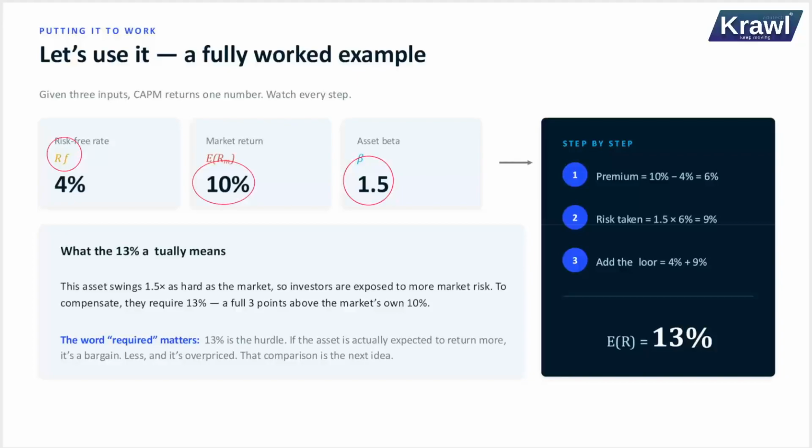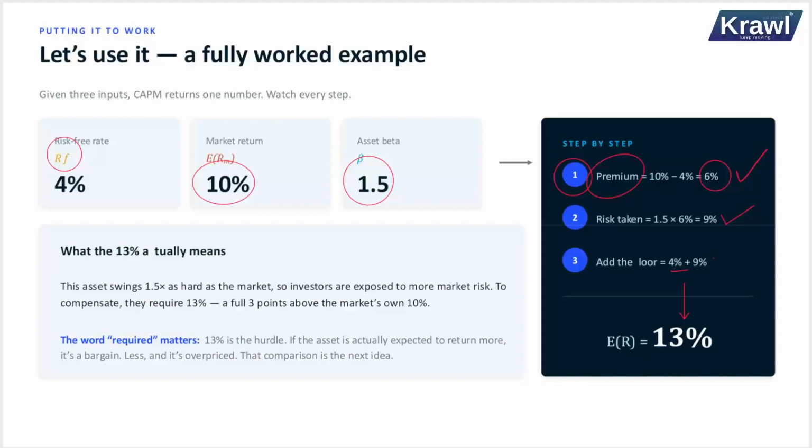Now, what it really means is the first component you calculate is the premium, and the premium gives you a number of 6%, which is 10% minus 4%. The risk taken, 1.5 into 6, is 9%, and you add the floor, which is 9 plus 4, and together you get 13%. And that is how you do the calculation for the expected return.